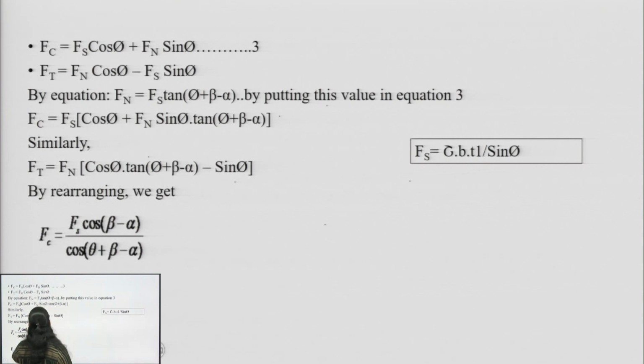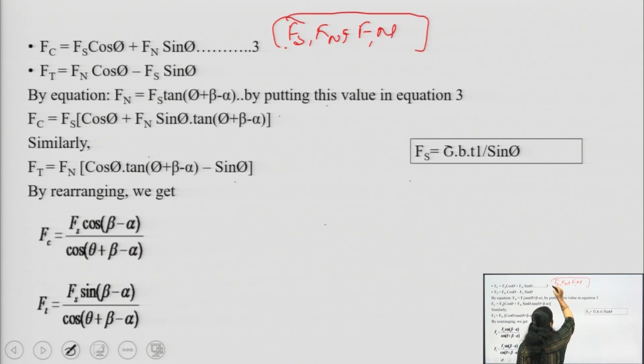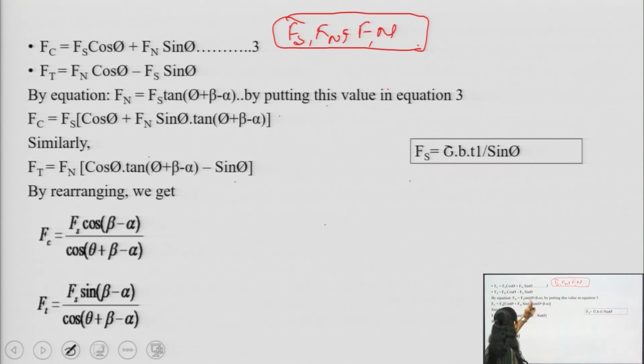Now, here till now we have derived 4 forces, that is Fs, Fn, F and N. Okay. This is shear force, this is normal to the shear force, this one is friction force and this is normal to friction force. Now, our last forces that we want to determine are Fc and Ft.